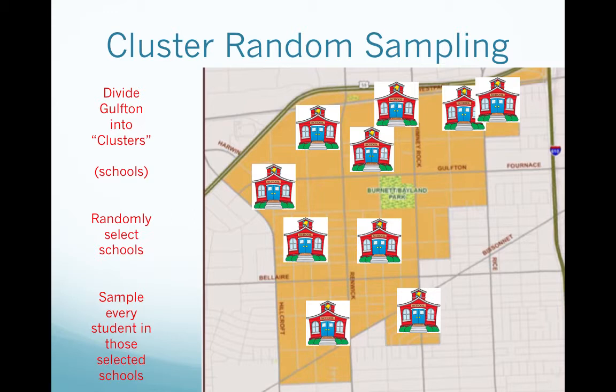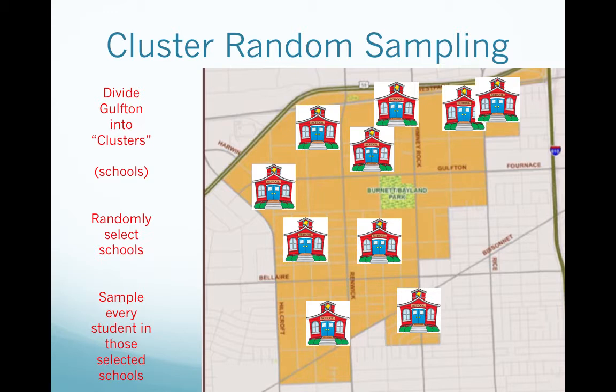The reason Baylor might first select clusters is that there might be stark differences between schools in HISD in terms of student makeup, demographics, economics, ethnicity, neighborhood resources, and challenges, etc. And randomly selecting clusters based on schools might ensure the sample best reflects the district as a whole.